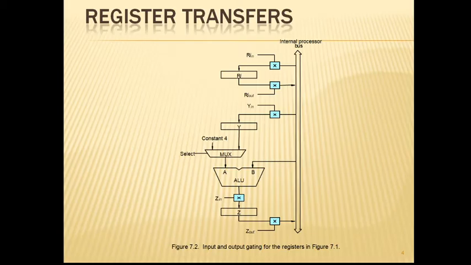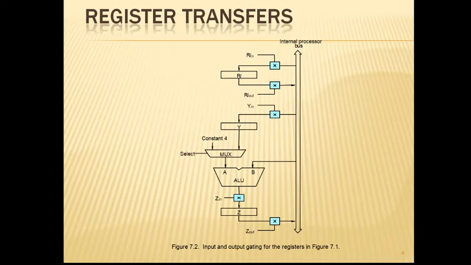When Ri in is set to 1, the data on the bus is loaded into Ri. Similarly, when Ri out is set to 1, the contents of Ri are placed on the bus. While Ri out is equal to 0, the bus can be used for transferring data from other registers.